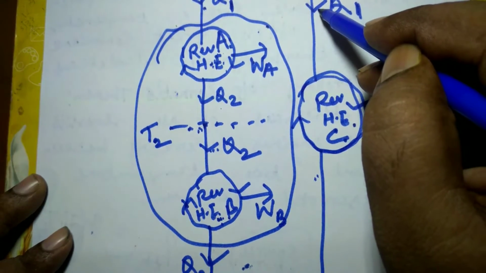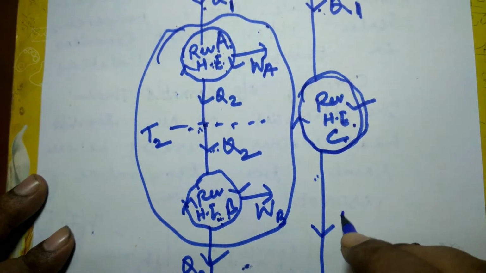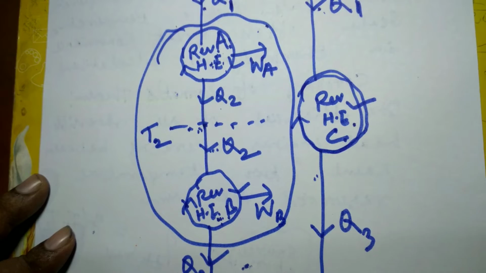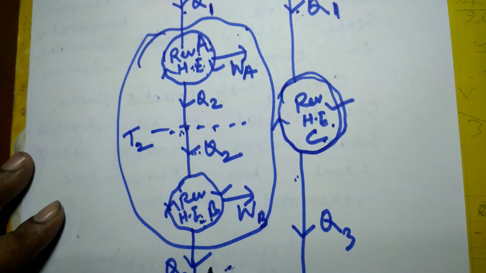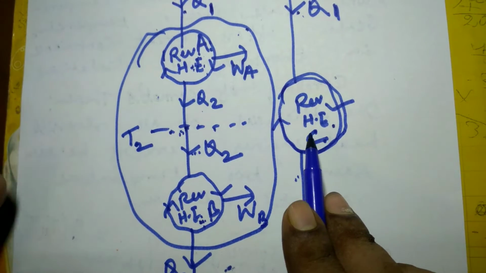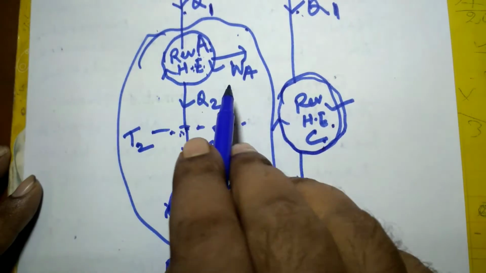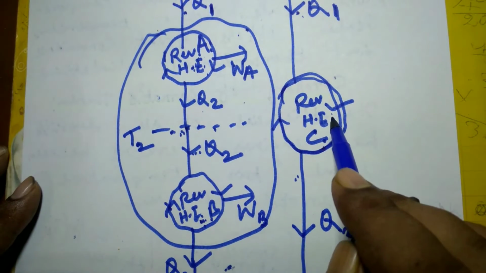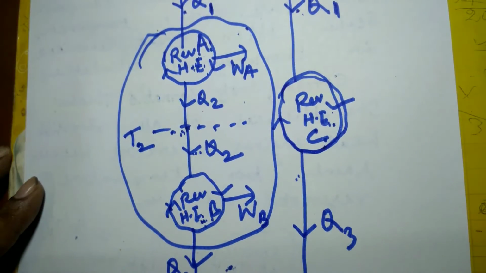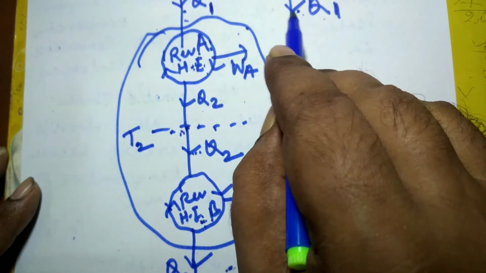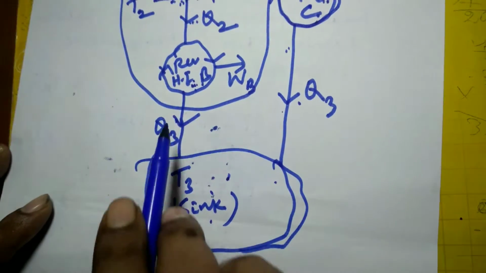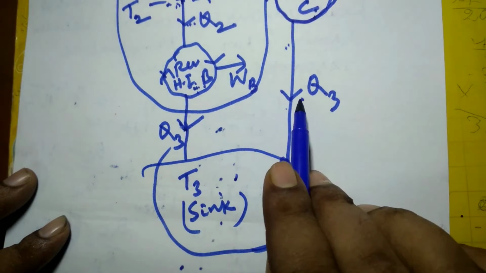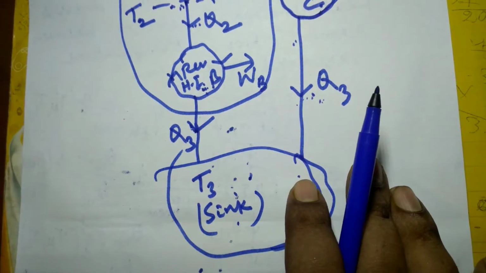So obviously the heat rejected will also be Q3 for engine C. The efficiency of the combined engine A and B put together is equal to the efficiency of engine C, since both operate between T1 and T3. And since the heat supplied is the same and the efficiencies are the same, the heat rejected will also be the same, Q3.